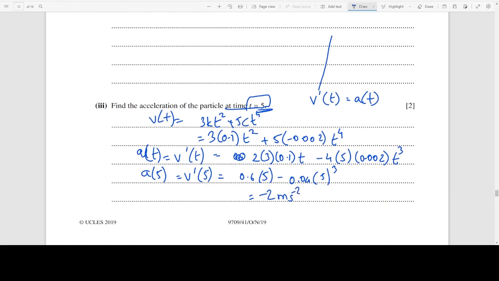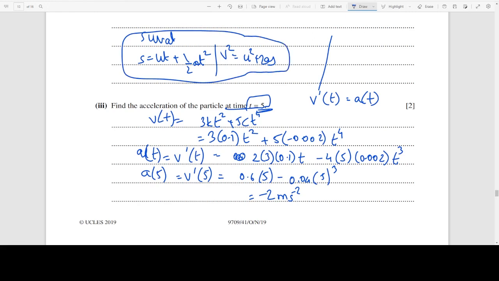I hope you understand why we cannot use the SUVAT equations that we have, for example s equals ut plus half at², or v² equals u² plus 2as. We cannot use these equations over here because acceleration is not constant. Acceleration keeps changing with time.